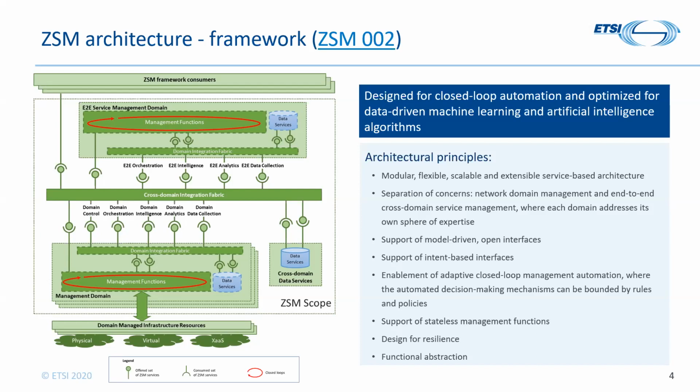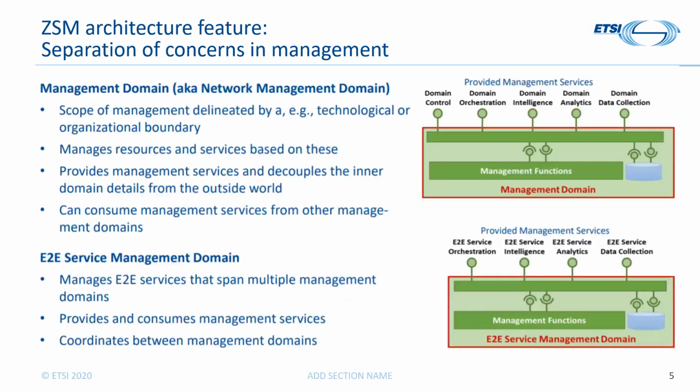The ZSM architecture defines management services which can be provided and consumed by management functions. ZSM 002 defines about 45 management services in the specification. There could be several of these management domains in the framework, and their scopes are defined based on the separation of concerns in management by the operator.